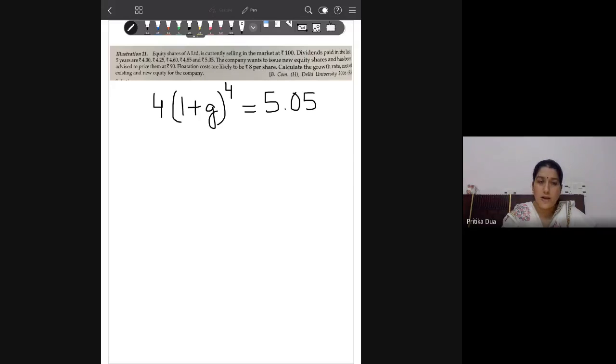I hope you people are having the future value table. See what the growth rate is coming to.